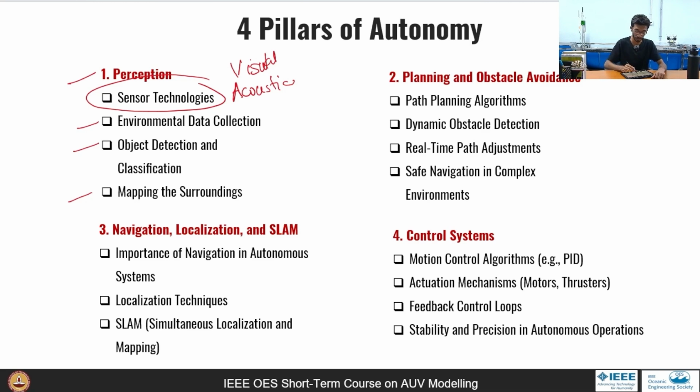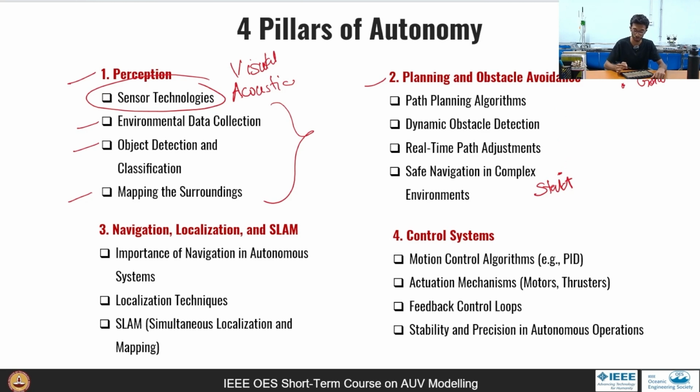Moving on, we have the planning and obstacle avoidance module. The data that is collected from the perception module is used by the AUV to plan its path to go from a start location to a desired goal location while avoiding the obstacles in its path.